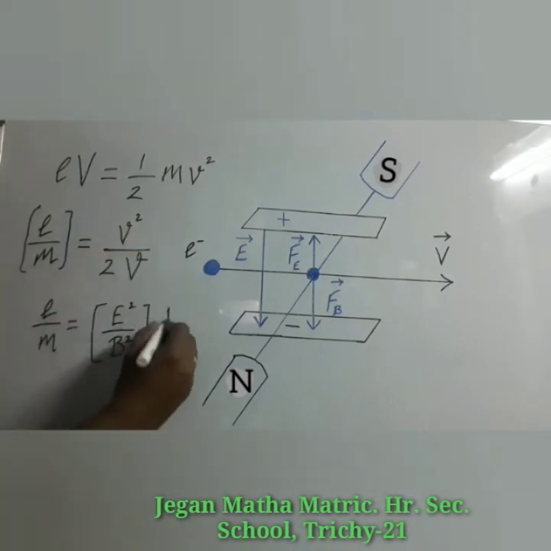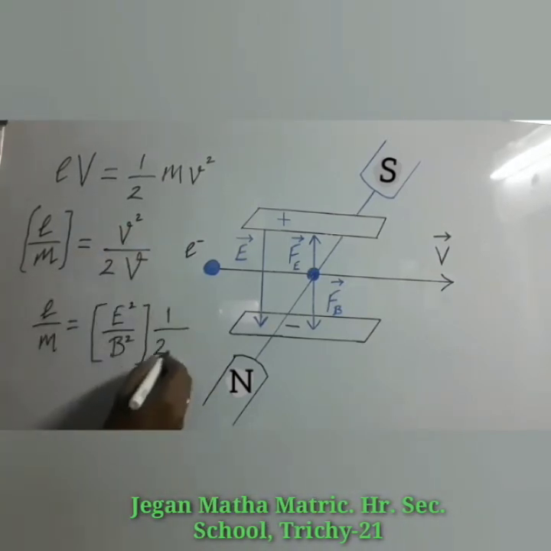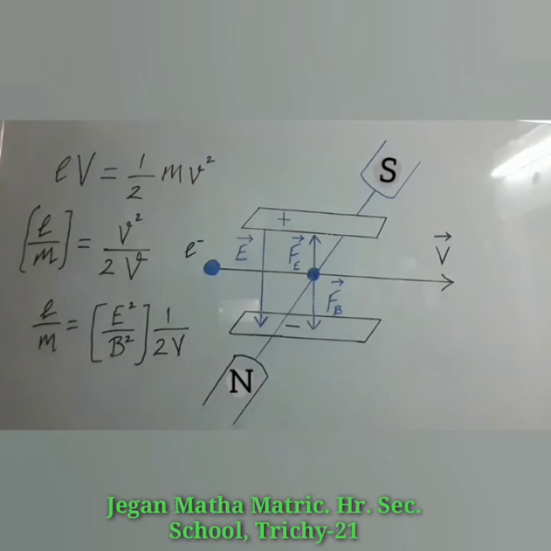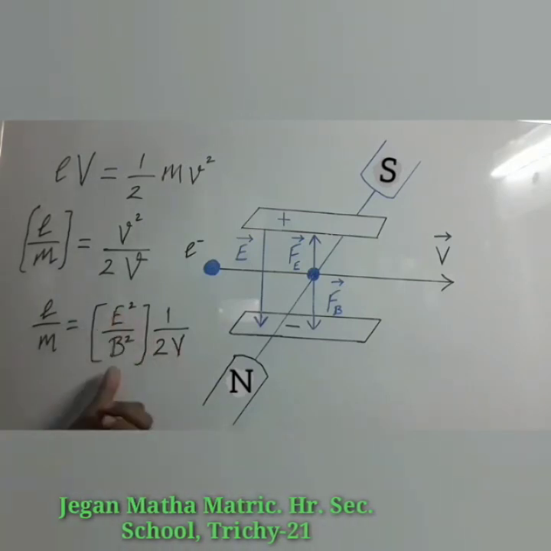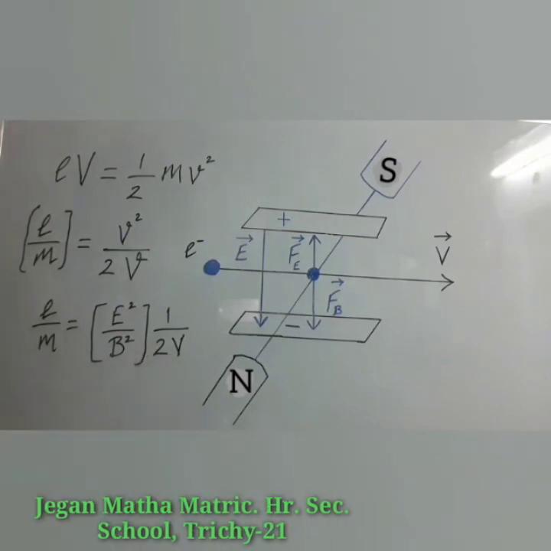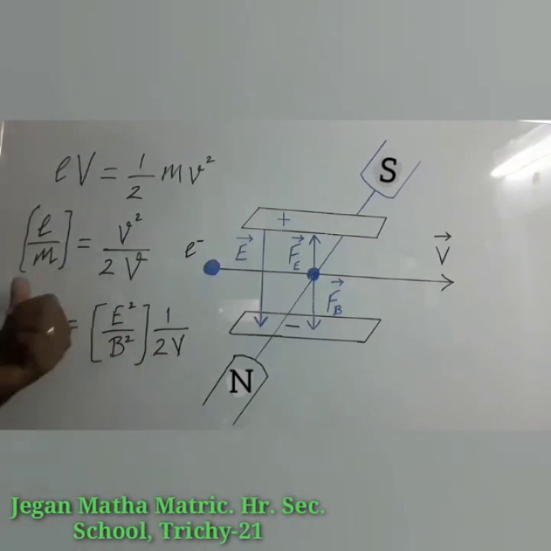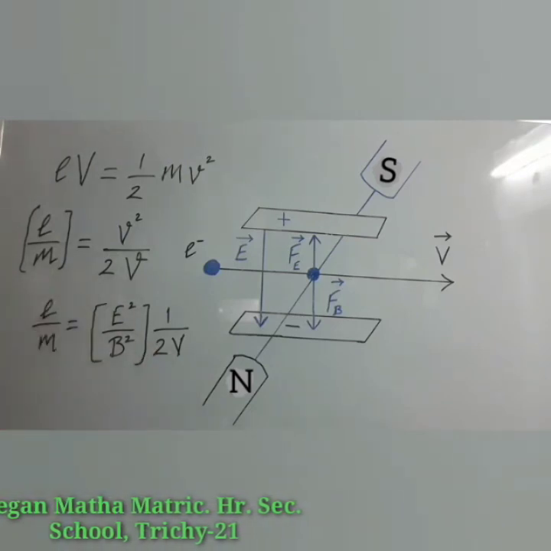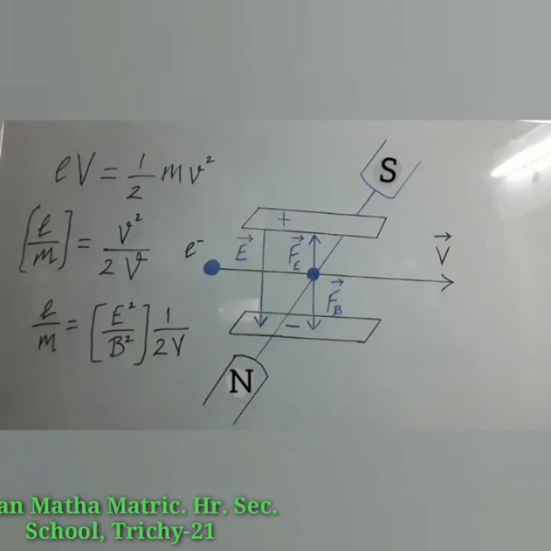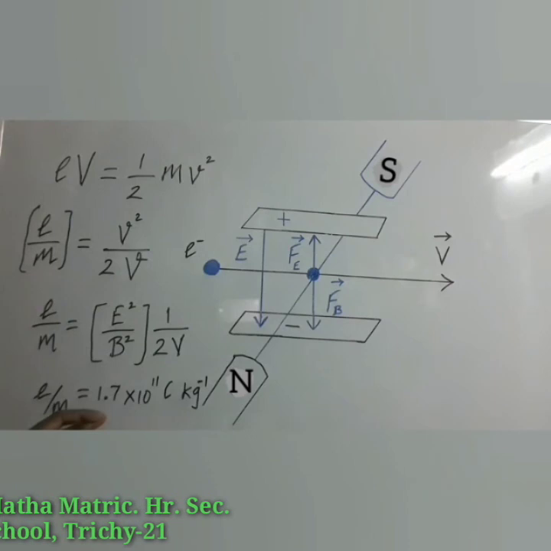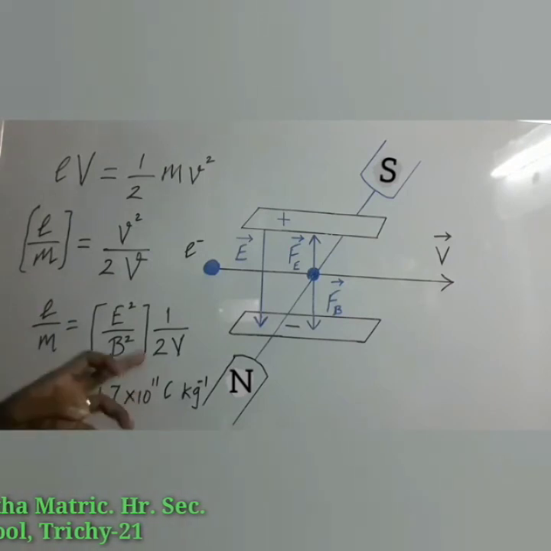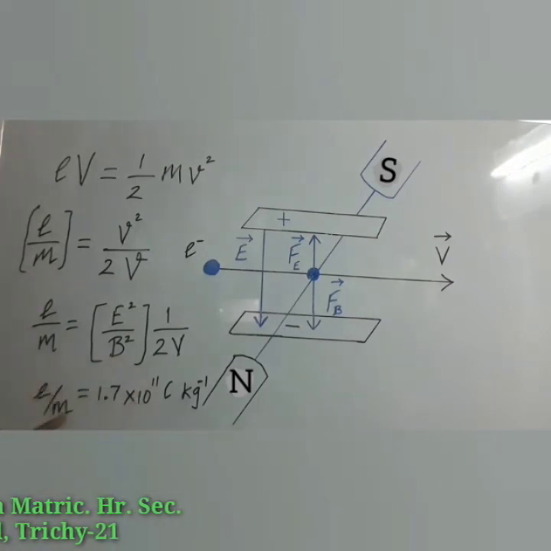Already in this expression the denominator 2V is there, so we can include that also. Substituting the values of E, B and the potential difference V, the specific charge can be determined. For the known values he found the specific charge value, which is equal to 1.7 into 10 to the power of 11 coulomb per kilogram.